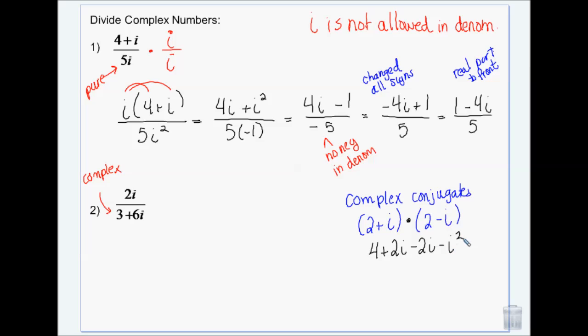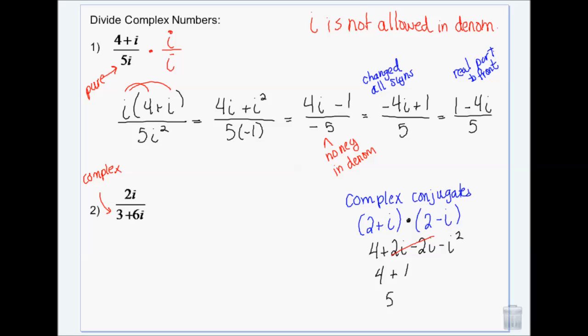The plus 2I and the minus 2I cancel. Because I squared is negative 1, I have negative negative 1, so it's 4 plus 1, so this becomes 5. So complex conjugates get rid of i's. That's their job.